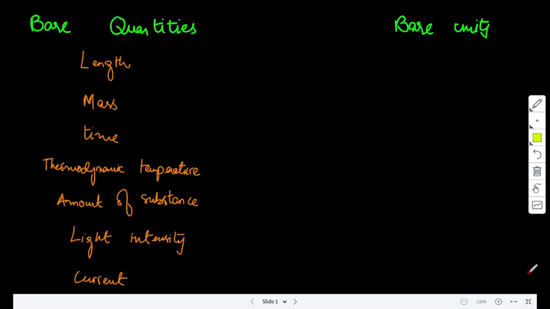For that, they obviously had to give some significance to that unit in such a manner that if aliens visit the earth and all humanity is destroyed, only one human is left. That human can explain to them what is meant by 1 meter, what is meant by 1 kg, what is meant by 1 second, what is meant by 1 Kelvin, what is meant by 1 mole, what is meant by 1 candela, and what is meant by 1 ampere.